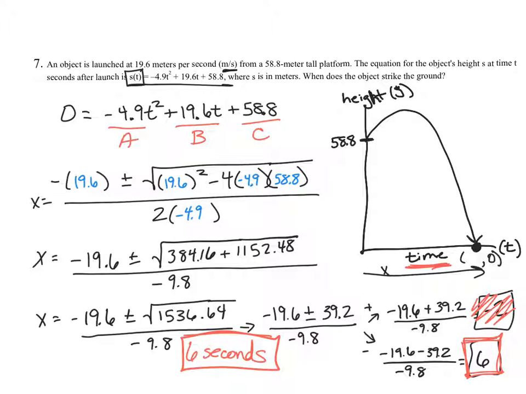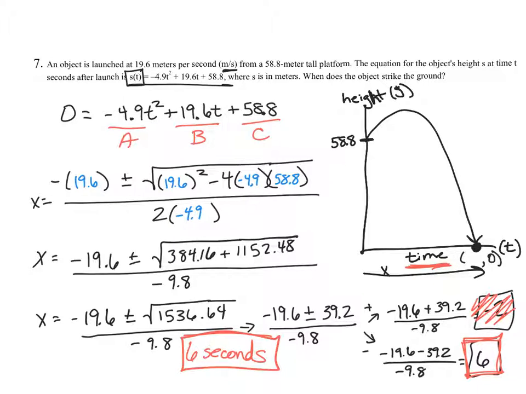But it's asking us when, so we're really only concerned with our x. But if we find the point, it's easier, because that point would be 0 for the height. So if it's 0 for a height, we're looking for an x-intercept.